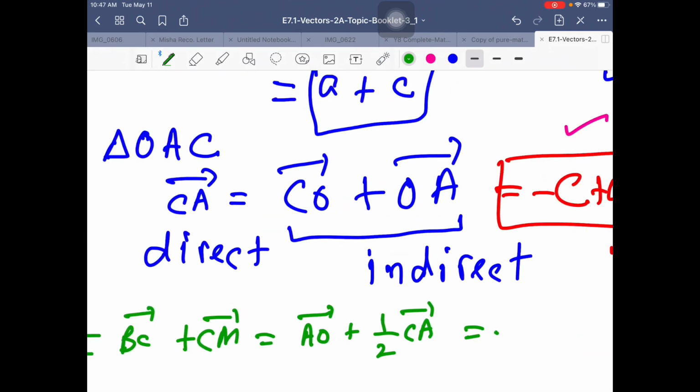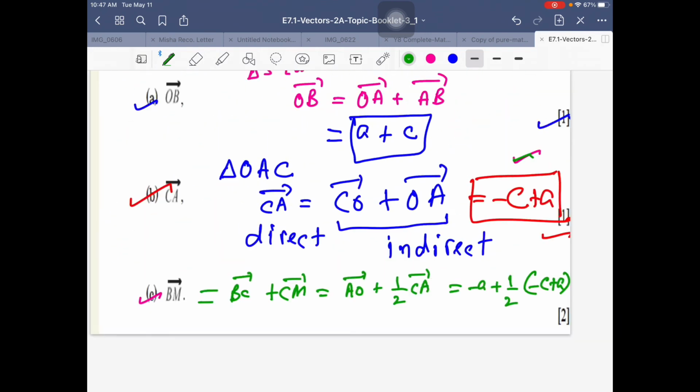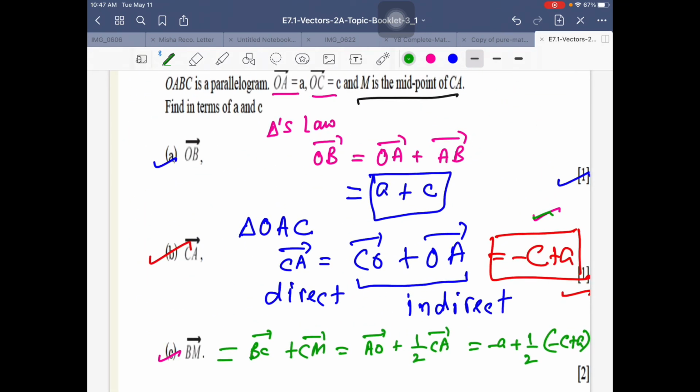Now AO is negative a, plus CA vector we have found out in B part. So this is half of CA vector, and CA vector is minus c plus a. Further simplification gives us minus a minus half c plus half a.